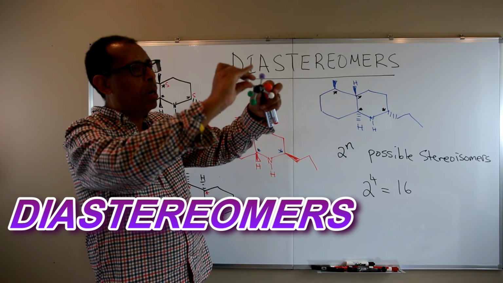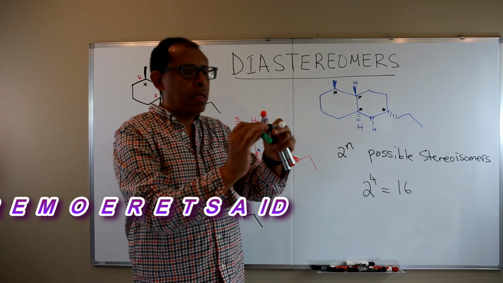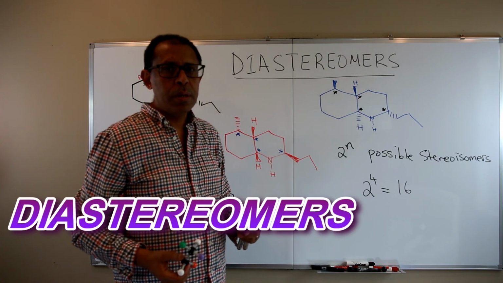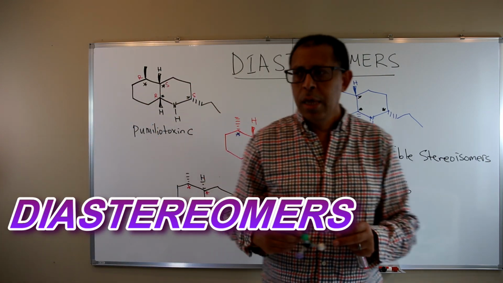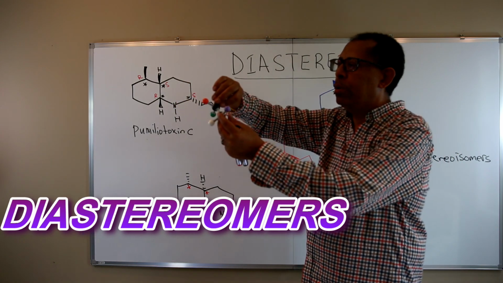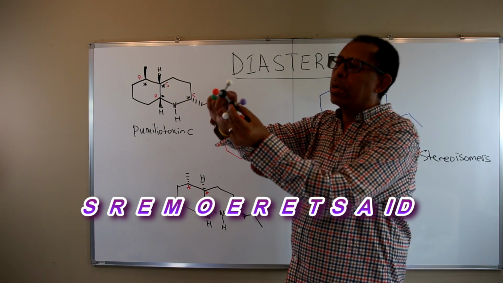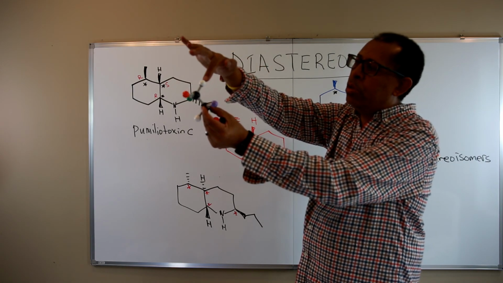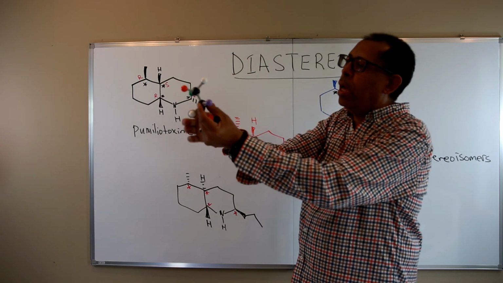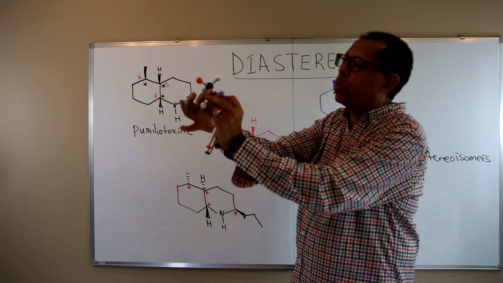Diastereomers are compounds that have more than one chiral center, and they are not mirror images of one another. So if you look at this model, this carbon has 1, 2, 3, and this whole thing is the fourth group.